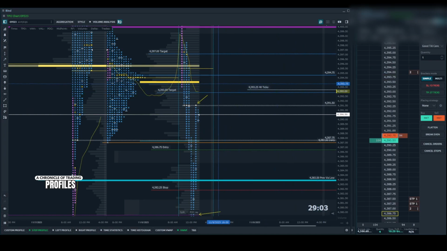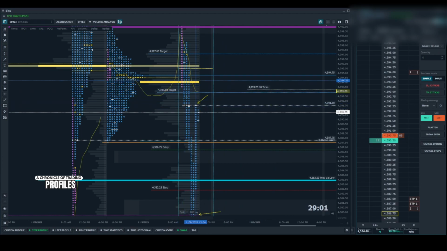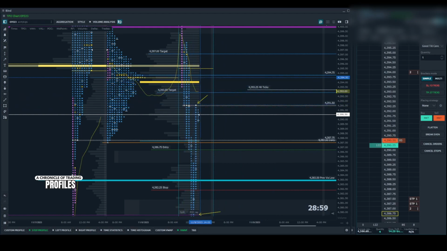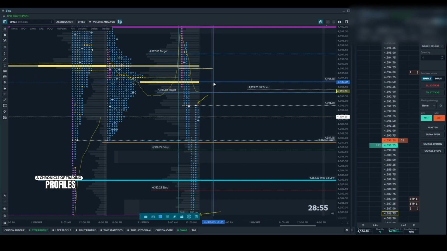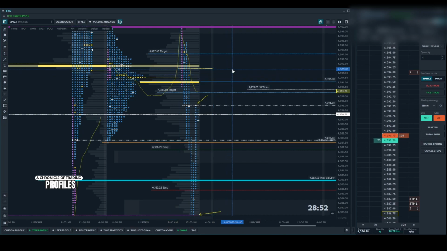Move this right to the POC, because I think it would be kind of irresponsible to not take some if we happen to flush up to this POC. So this is sitting at 94 right now.